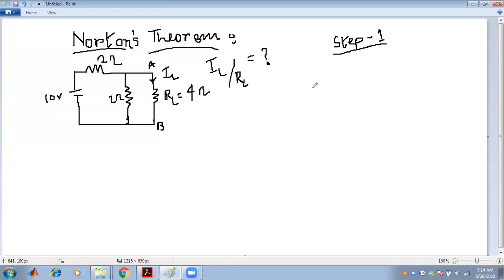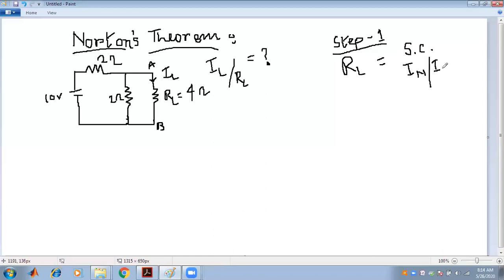In this case, the resistance through which we have to measure the current with the help of Norton's theorem, we first have to short circuit. That means RL should be short circuited. And then we have to measure the value of IN, that is the short circuit current, or I of SC, the Norton current.